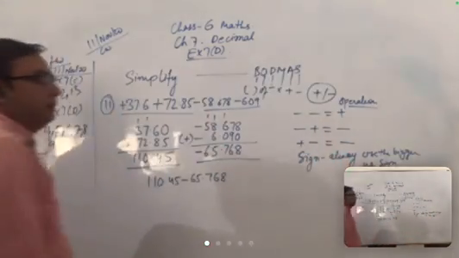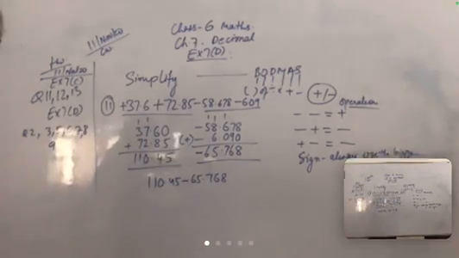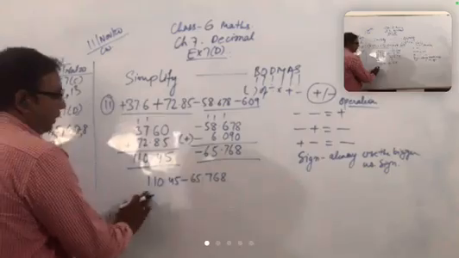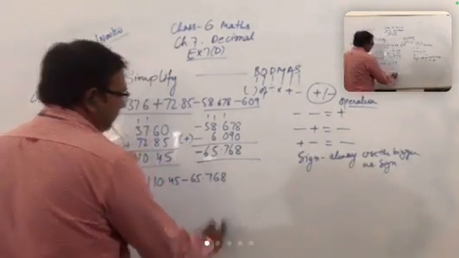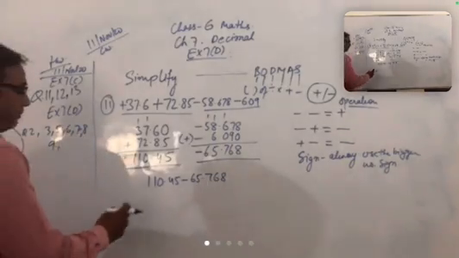Bigger number sign. So now it is 110.45 minus 65.768. Clear?